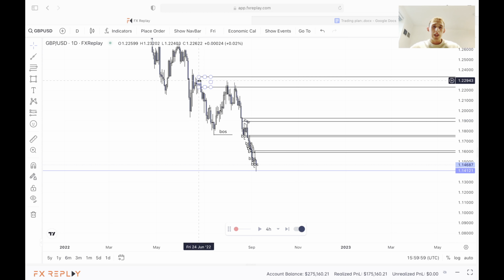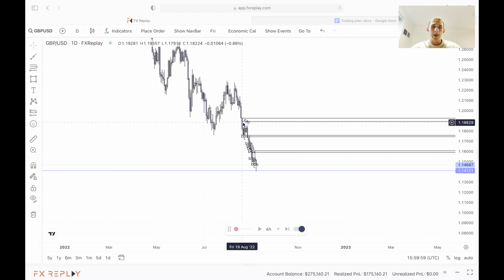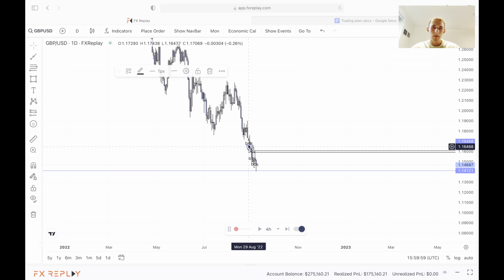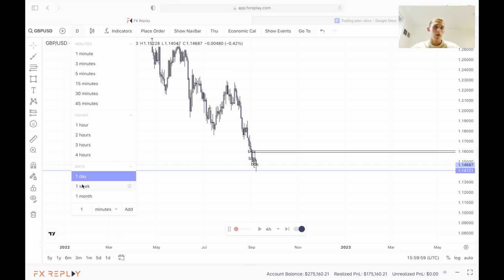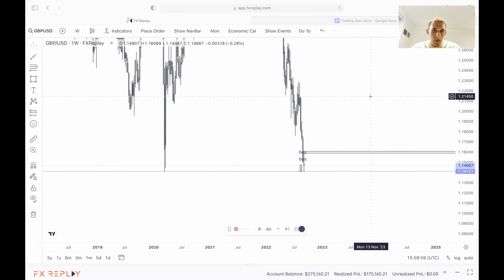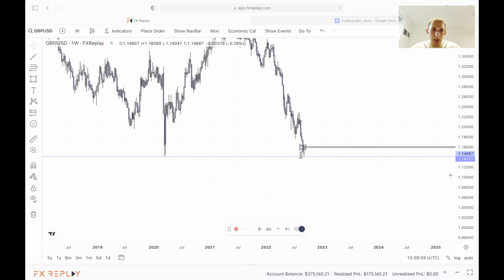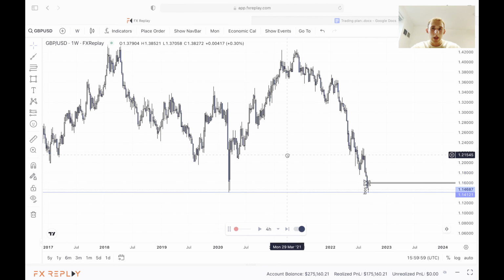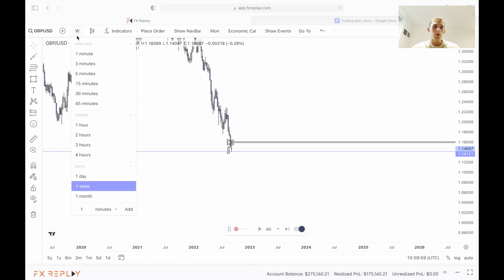We can also delete some of this to make it a bit less messy. You guys can see we swept that weekly low, so we want to be a little bit more cautious with the sells.